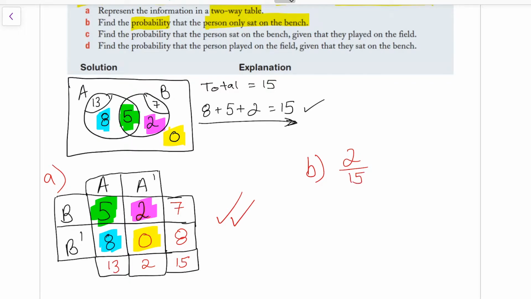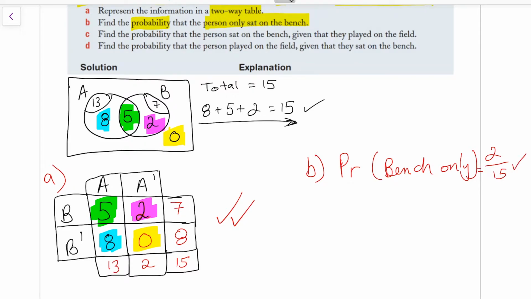Remember, B stood for the bench and A stood for playing. I'm just going to write this with the notation because it might help you. So the probability of bench only, that was 2 over 15.